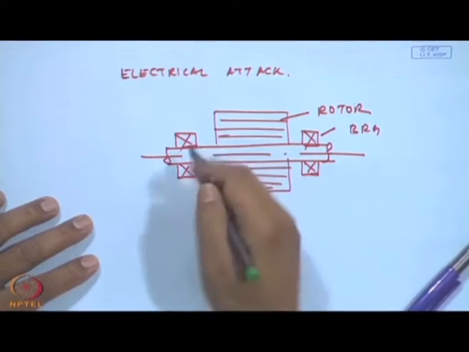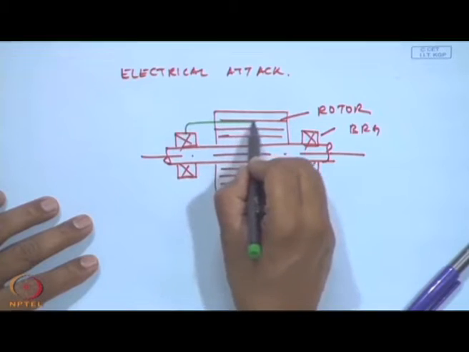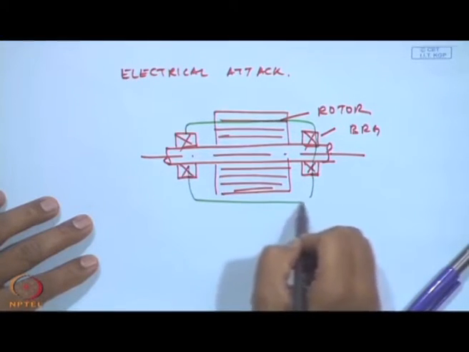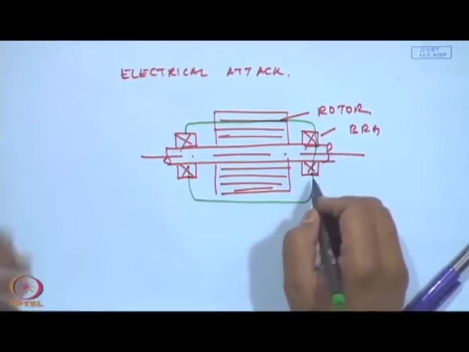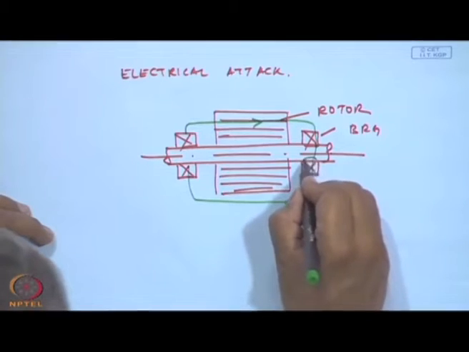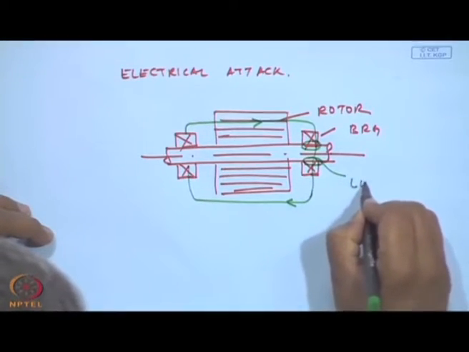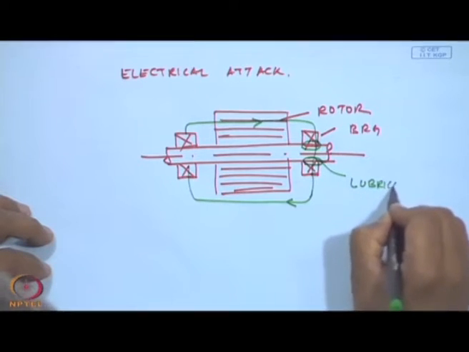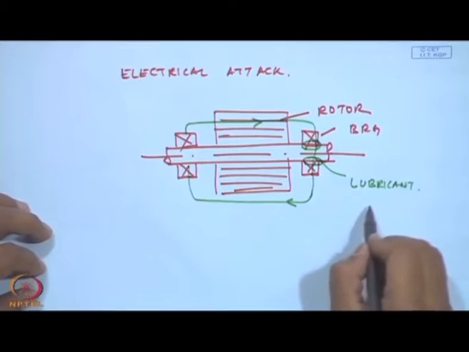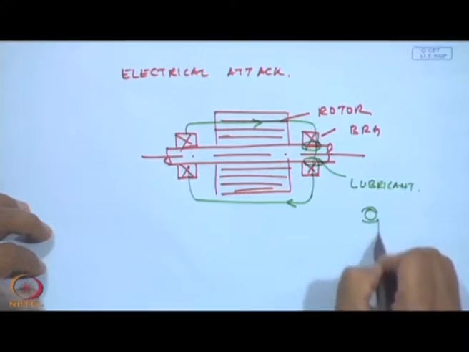What happens because of this is there is always a small amount of voltage loop which is going on. Okay. Now, at this interface there is a lubricant, either if it is a journal bearing or a ball bearing, there is a thin layer of lubricant between the inner races, outer races, etc.